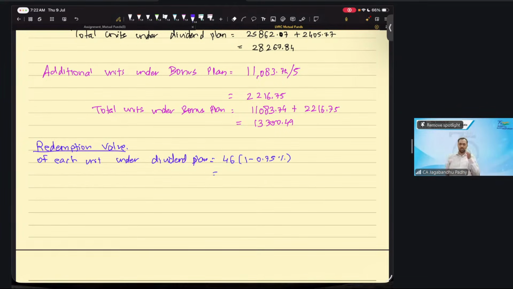So that is 46 minus 0.75% of it, which is 46 into (1 minus 0.0075).